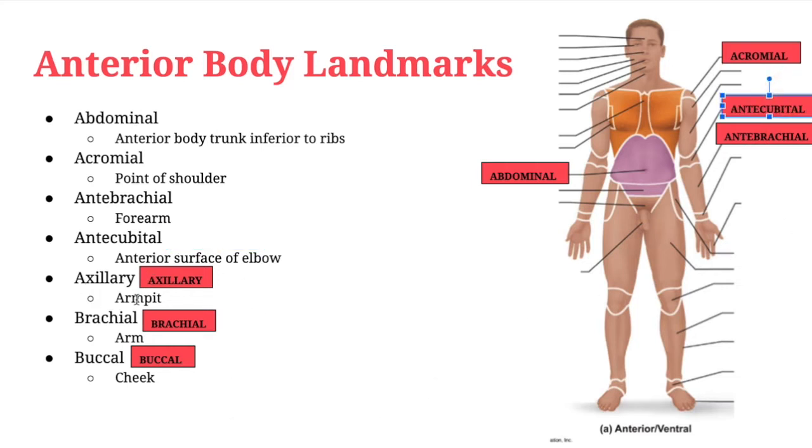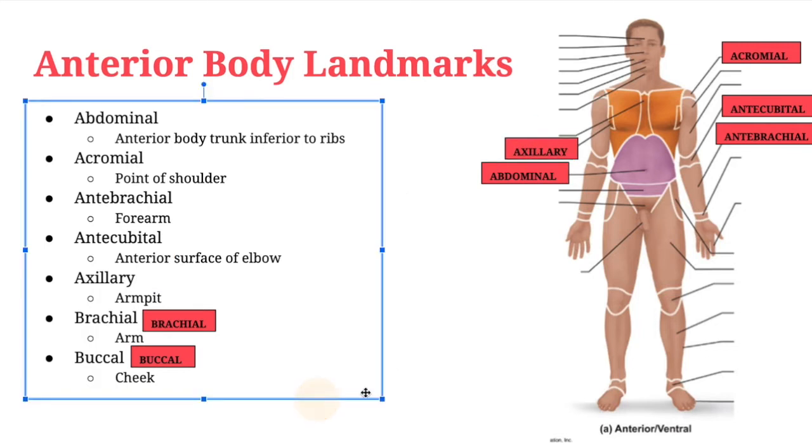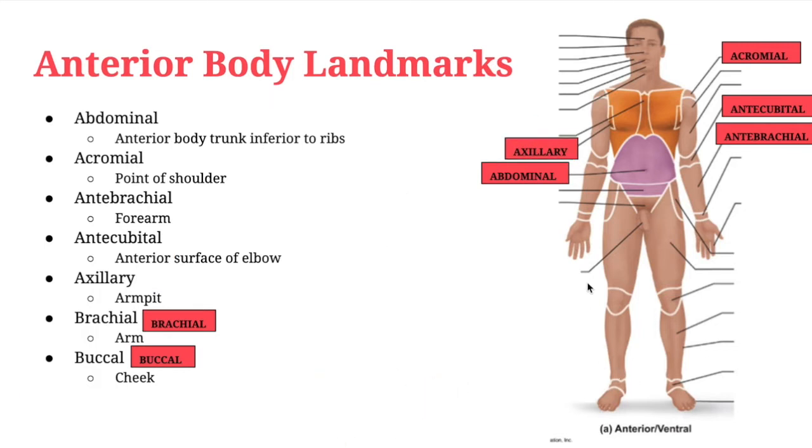Next we have axillary. Axillary refers to the armpit, so below each arm, and we have a line to label right here for axillary. You can see it's pointing to this small section here, and that's also outlined there. Next, we have brachial.